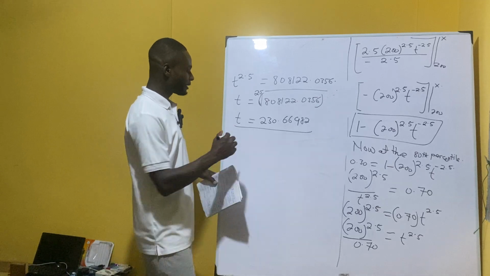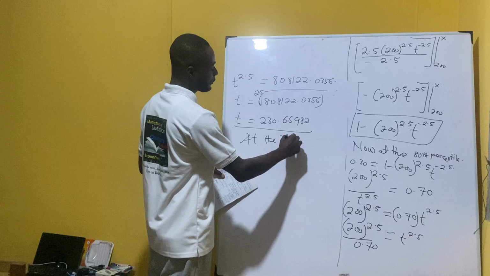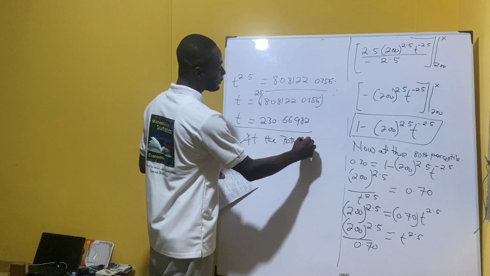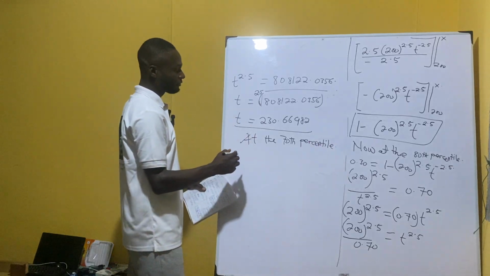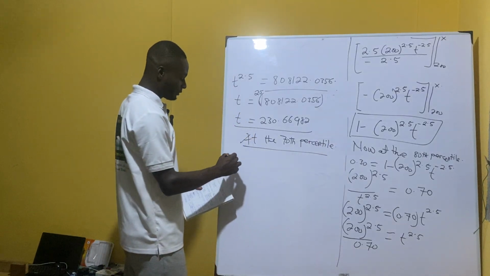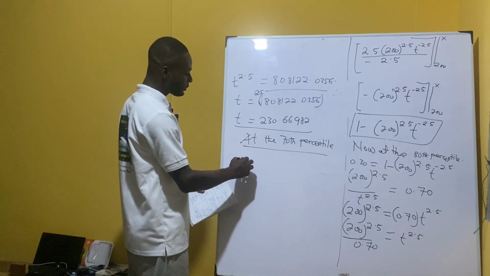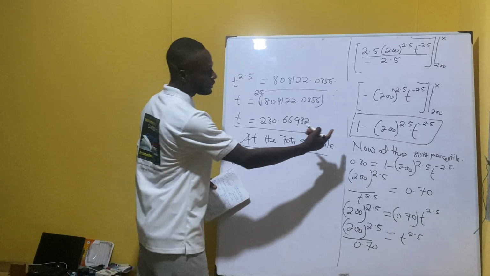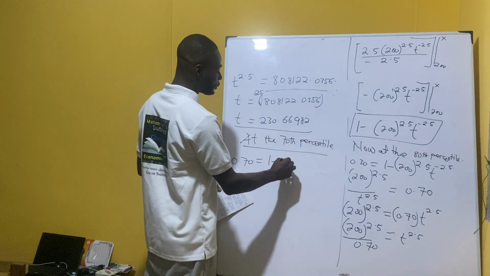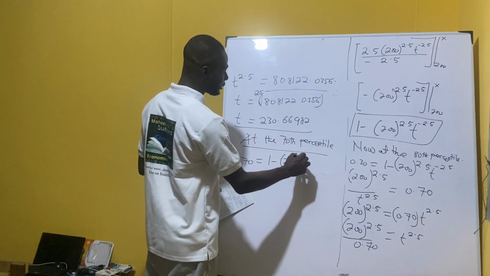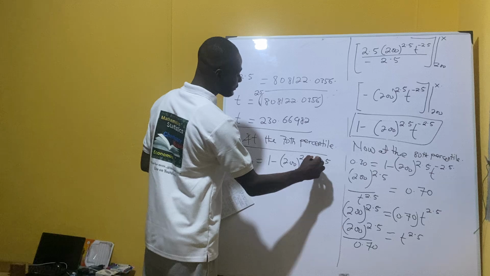At the 70th percentile also, the value is going to be 0.7. So 0.7 should be equal to the integrated function, which is 1 minus 200 power 2.5 t power negative 2.5.